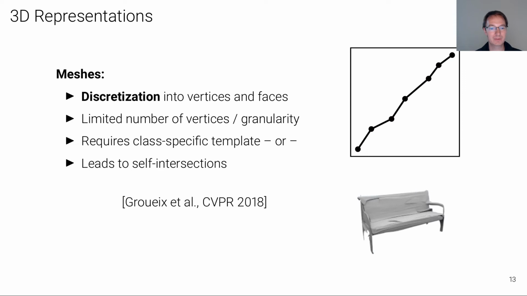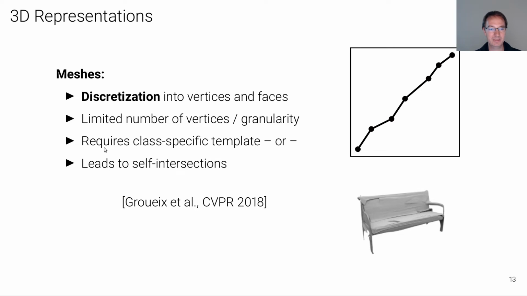And finally, meshes have also recently been used as output representations for 3D reconstruction using deep neural networks. Meshes are also discretizing space, but now into vertices and faces. Existing approaches are also limited in the number of vertices and therefore the granularity that they can produce.